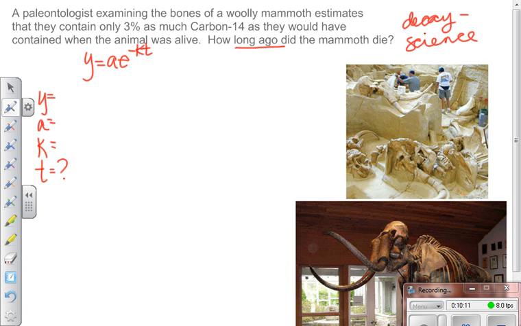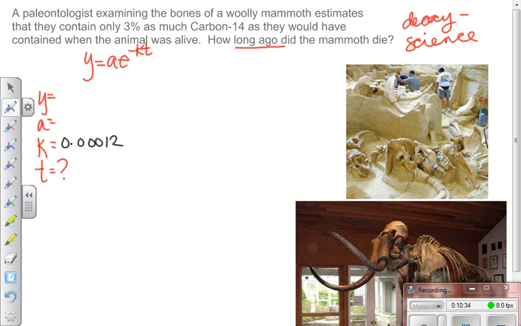Now we're talking about carbon-14, and on the very first page in the notes, I tell you that carbon-14, the k value, is 0.00012. That's a given. That is not something you need to know. And now I need to figure out this whole A and what is left.